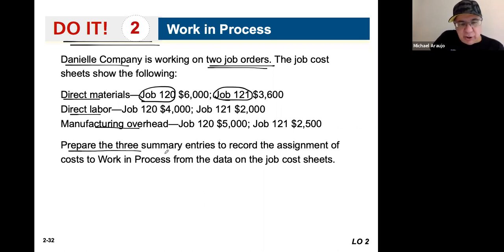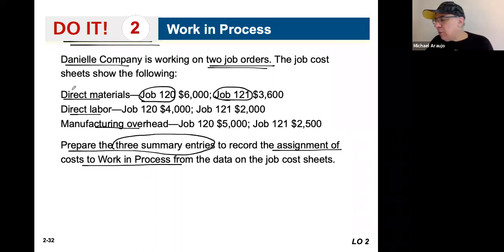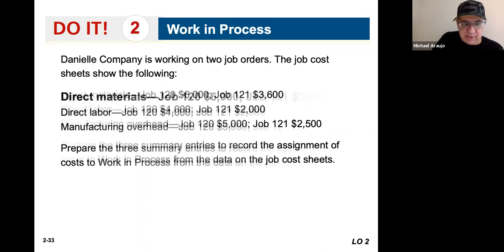What they want us to do is prepare the entries to record the assignment of costs to the work in process inventory from the data of these sheets. That means we have to go back to what we learned on the last couple of slides to make sure we are doing the proper entries.